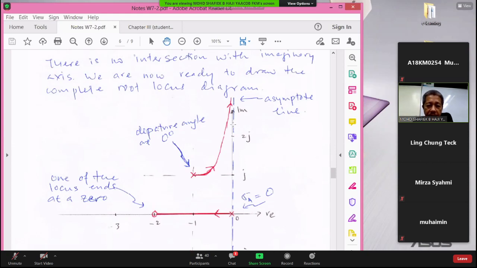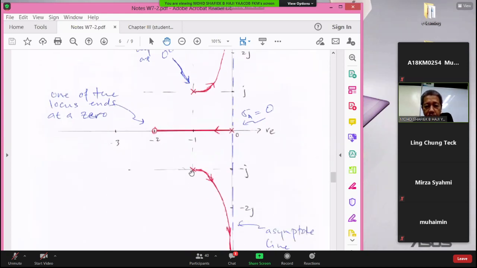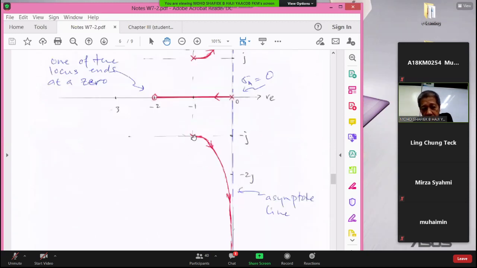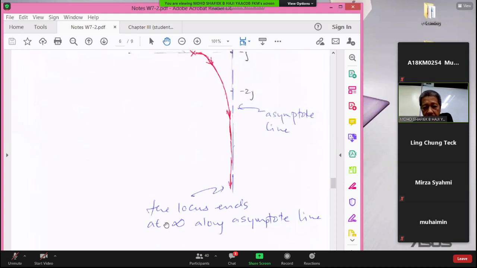Root locus diagrams are symmetrical about the real axis, so you don't need to compute the second departure angle. This one also goes exactly horizontal to the right, then turns down and approaches the second asymptote line, ending at infinity.